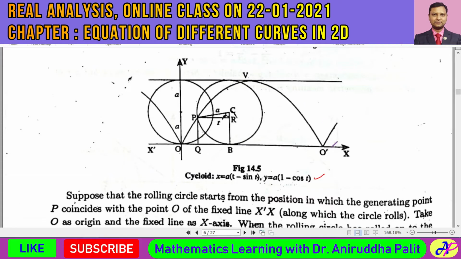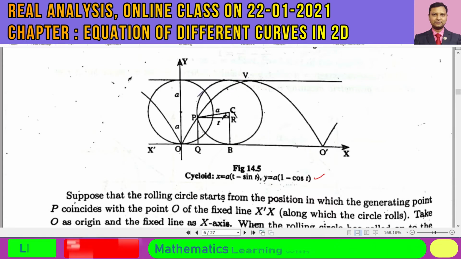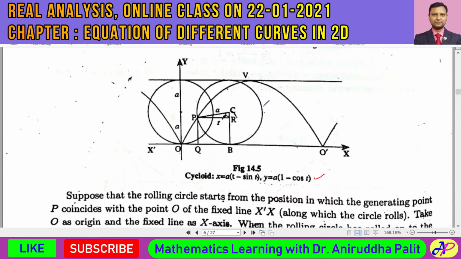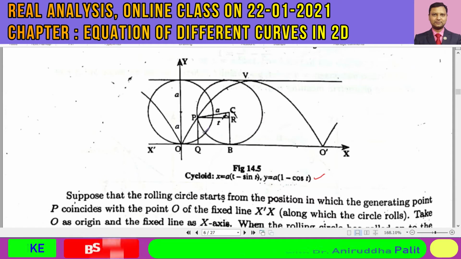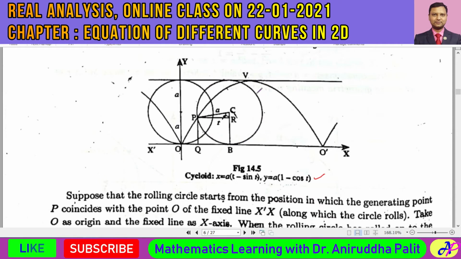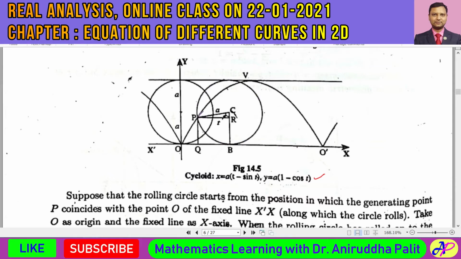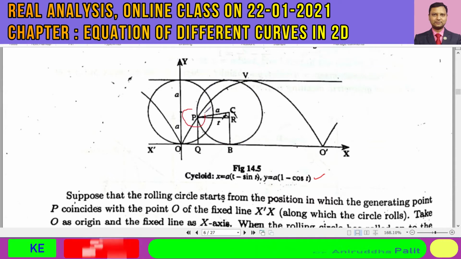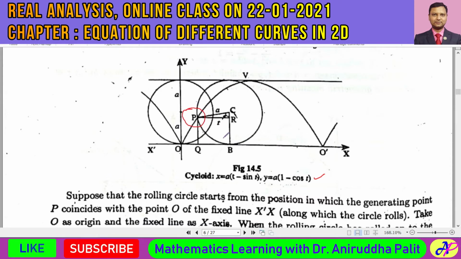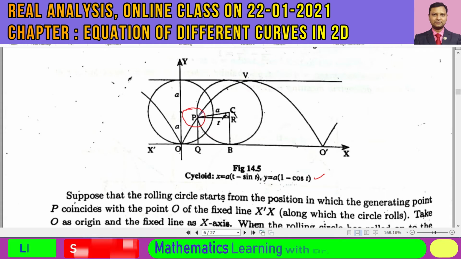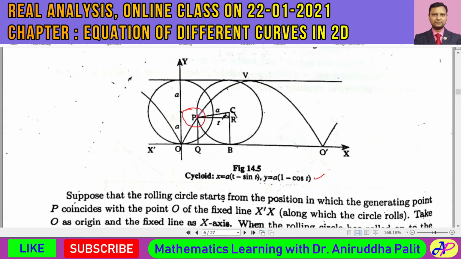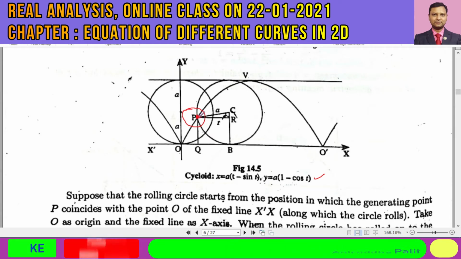What we actually do is consider a circle, or you can consider a tire of a cycle. Now, in this circle, one point P is fixed. Suppose you get a marker pen and mark this point in red color. Got it?